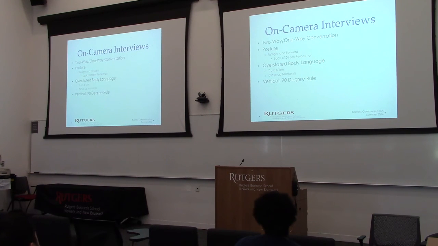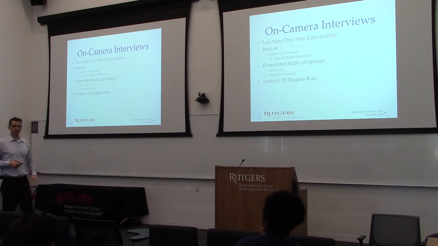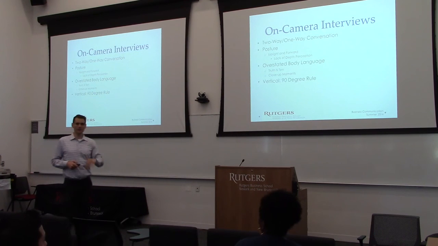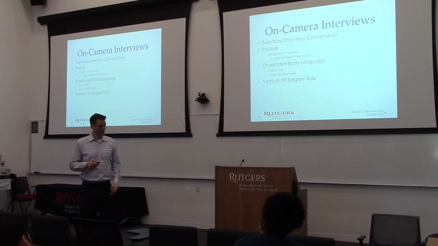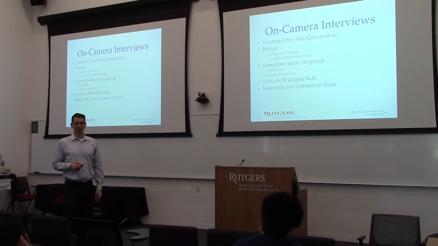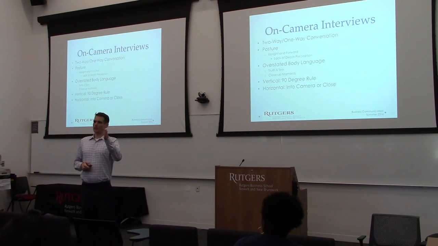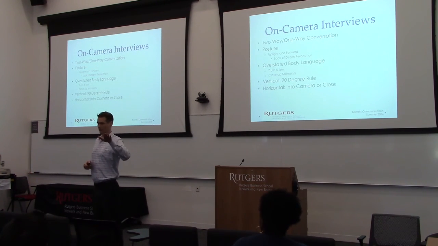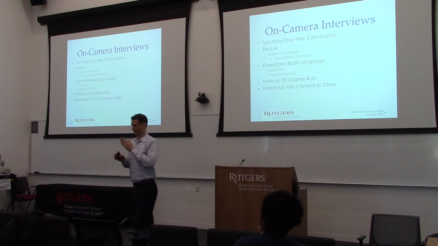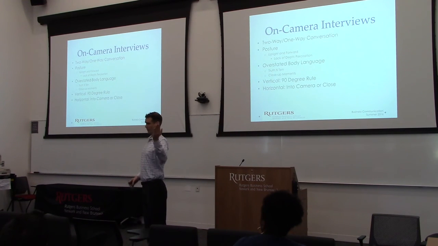In terms of the camera angle, we talked about the vertical. If this camera is going to be used to interview me, we want the camera at 90 degrees. We want the horizontal. I want the camera as close to dead on from the horizontal as possible. I don't want to be facing the interviewer here and just have a side profile of me.